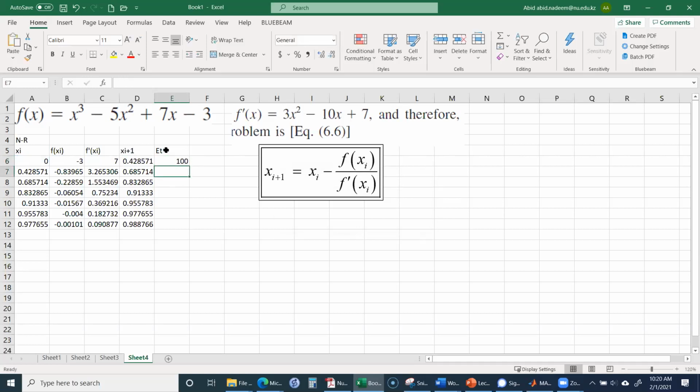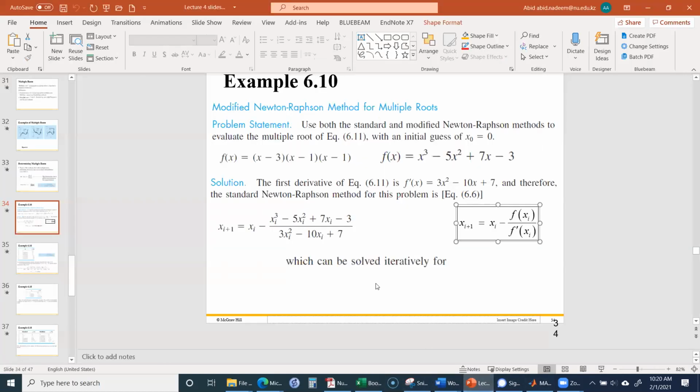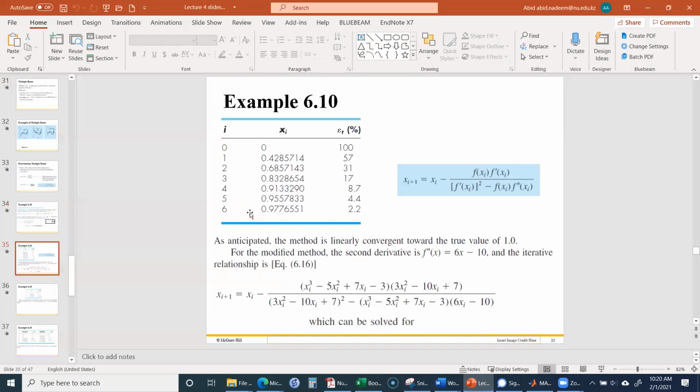This is the percent true error. You can see that from 100, 57, 31, 16, 8, 4, 2. Finally I get this value 0.9776 at a percentage error of 2.23, which is the same result shown in your slides. So this is how you apply the Newton-Raphson method.